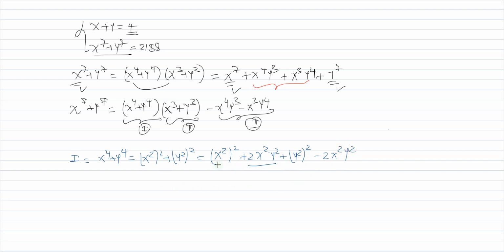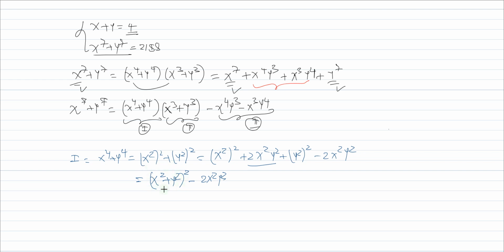So now we have a perfect square: x squared plus y squared, all squared, minus 2x squared y squared.